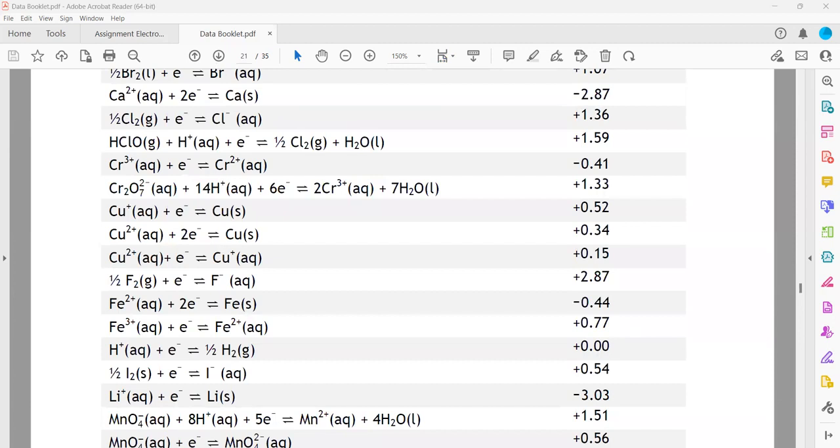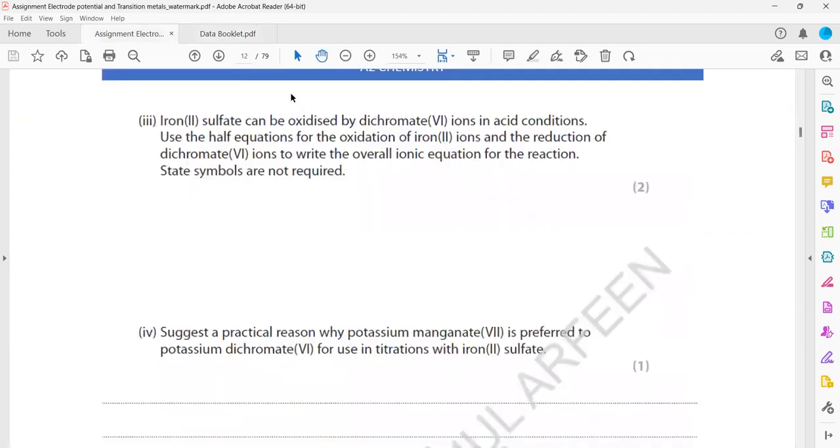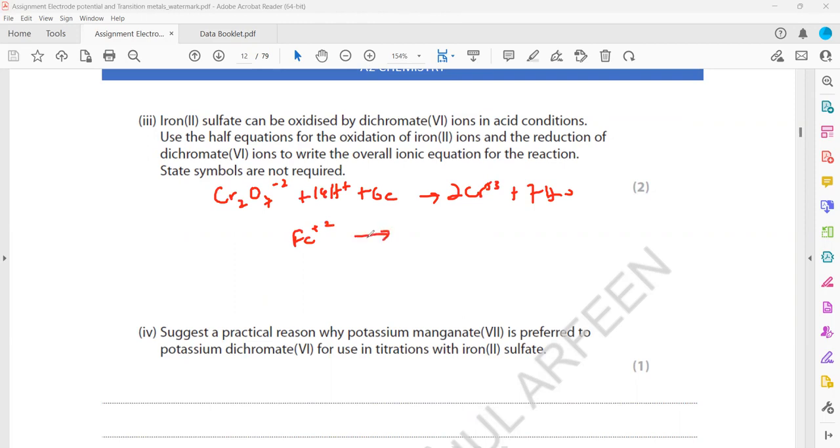You can write the half equation and then combine them together. Use the half equation to write the overall equation. So first, the conversion, for example, Cr2O7 2- dichromate ion, 14 protons are there, 6 electrons, give 2 Cr 3+ plus 7 H2O. And then iron 2 converted into iron 3 by losing an electron, and just multiply this by 6 and add the two equations, you'll get the answer.